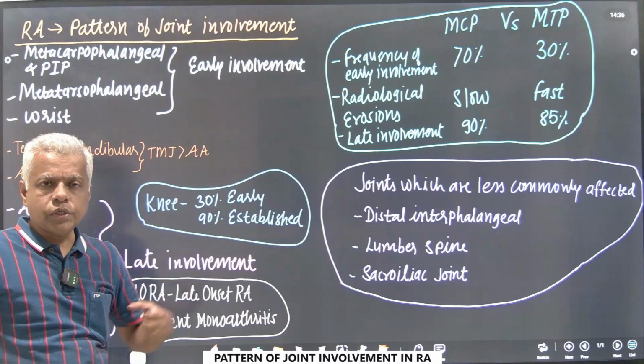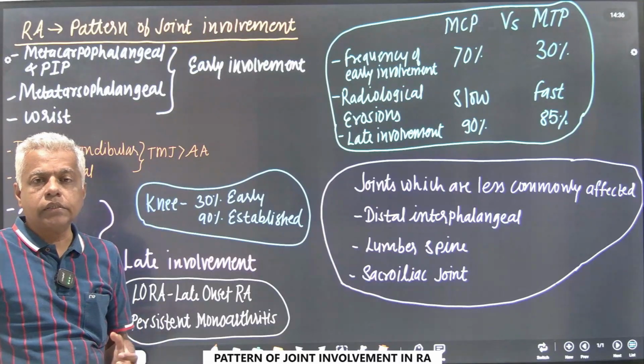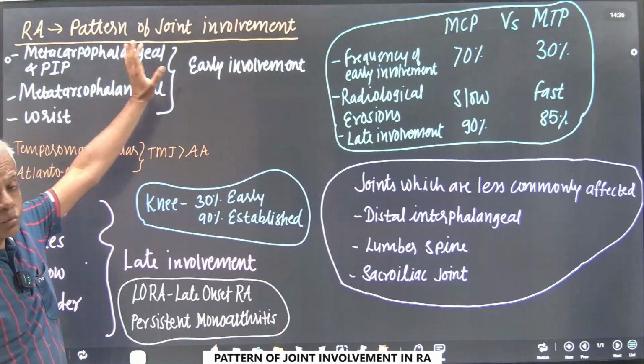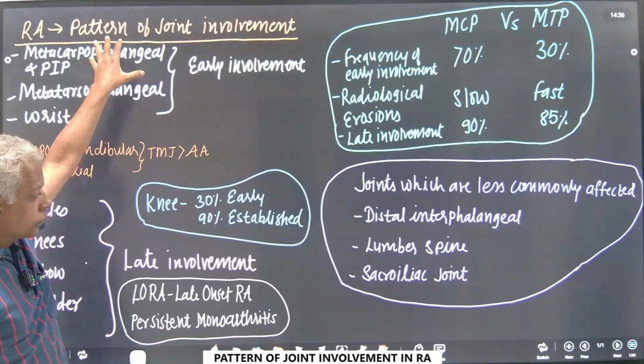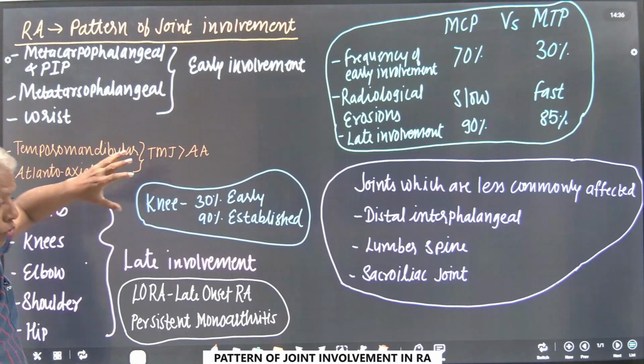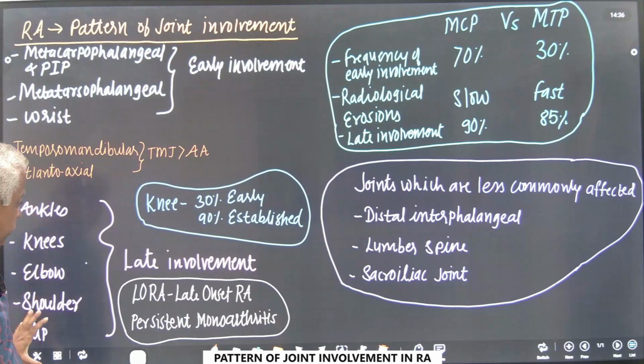So the important thing is where the disease actually started. The chances of the beginning of the disease are more common with this joint, and as far as involvement of joints is concerned, any of these joints can be involved in the late phase of the disease.